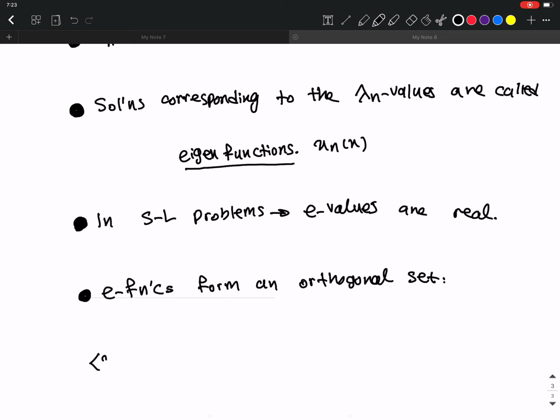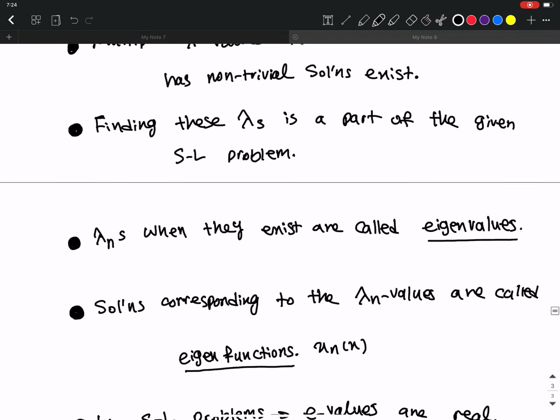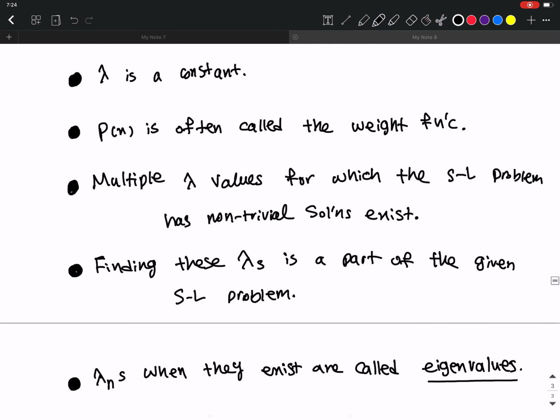So we define an inner product of two eigenfunctions, u_n and u_m. And because these eigenfunctions form an orthogonal set, we say that the integral between alpha and beta of u_n(x), u_m(x), and p(x), which is just a weight function, right? This is the weight function that we set.